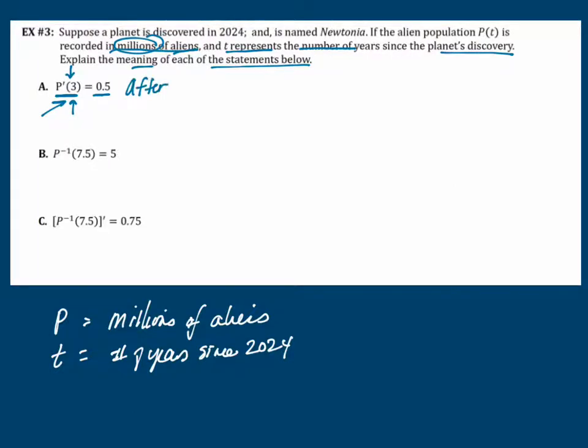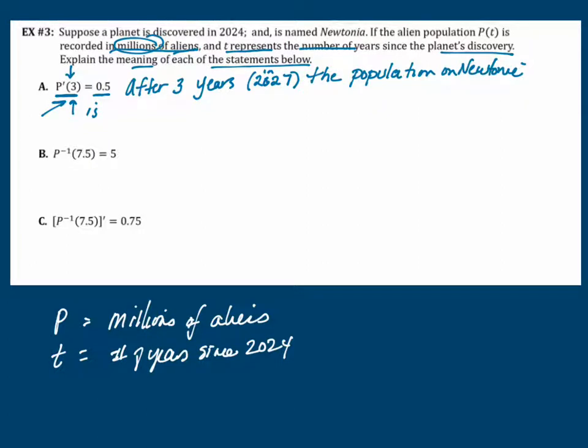After 3 years, and then you could say in 2027, okay, and now you're going to say what you have, the population on Newtonia, okay, is what?